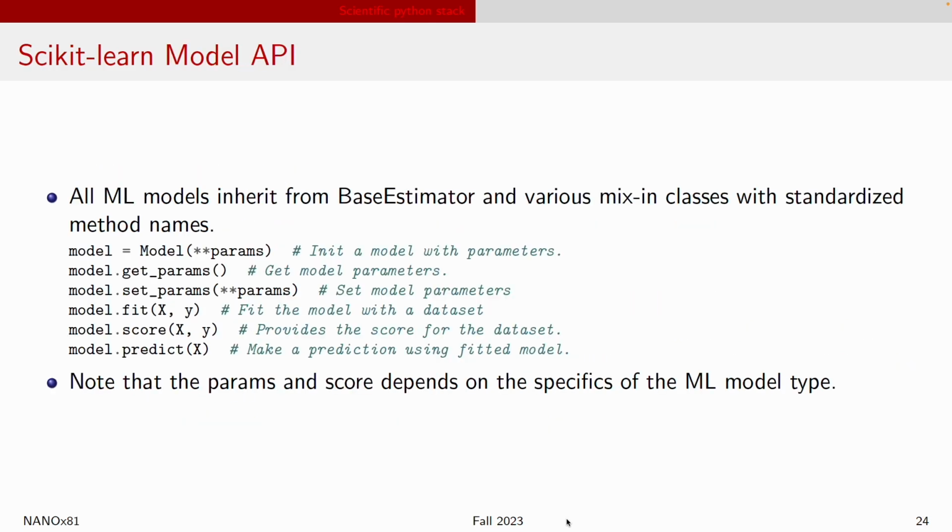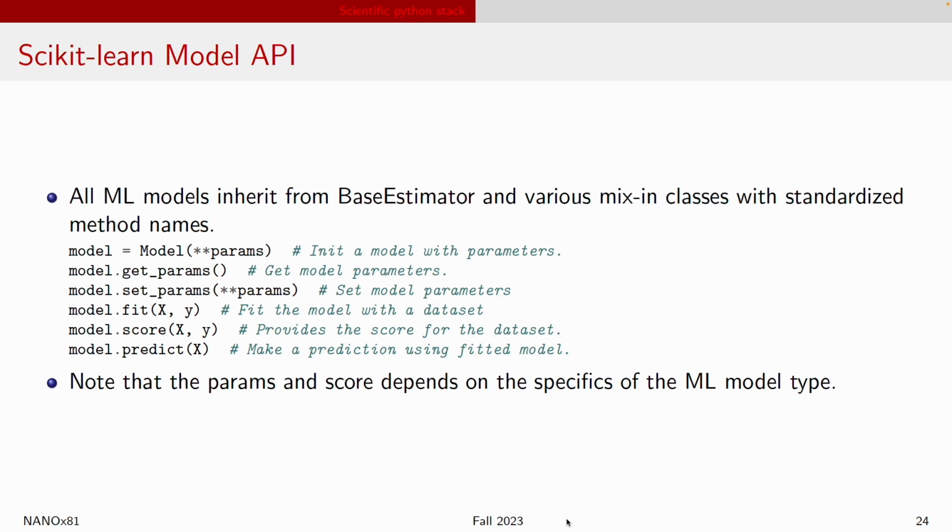All right. So the scikit-learn model API is standardized, right? All the machine learning models implemented in scikit-learn inherit from a class called the base estimator. They do have some mixin classes depending on whether it is a classification model or a regression model. But by and large, they all implement exactly the same method names.